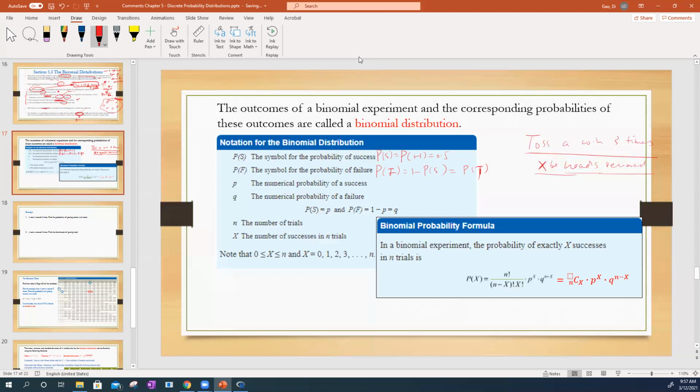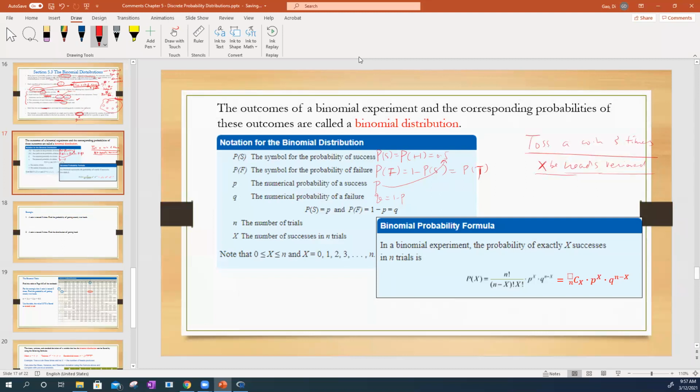And then we use little p to represent what we have here. So little p is just that number 0.5. And little q is just 1 minus p, because it's just the probability of failure, right? So 1 minus p. In this case, it's just 0.5.